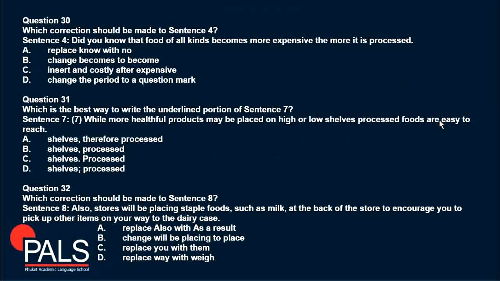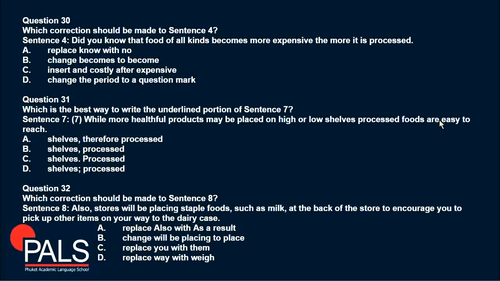Now let's take a look at these three questions. Question number 30. Which correction should be made to sentence 4? Did you know that food of all kinds becomes more expensive the more it is processed? Take note of the tone, how I read it. Sentence 7 in question 31.